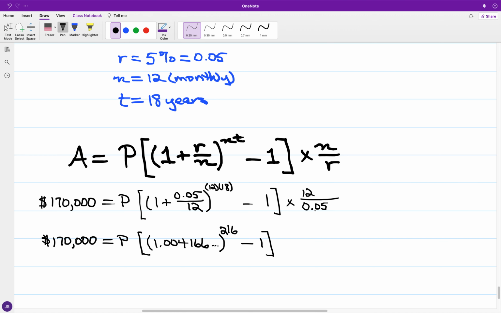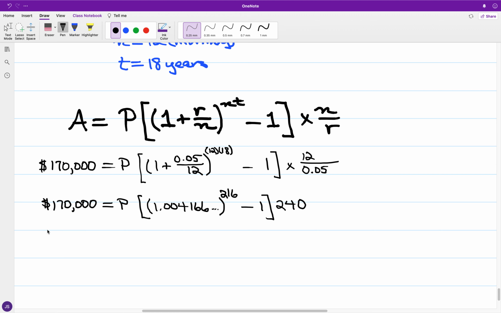Now 12 over 0.05 is going to reduce to 240. So you have P times the quantity. Now for this number to the 216th power, this number is a little bit under 2.5.